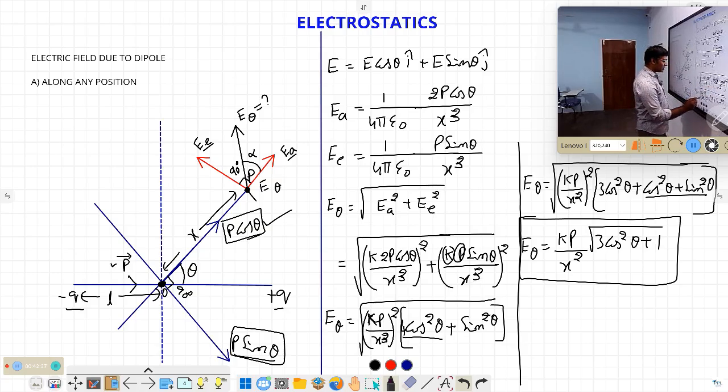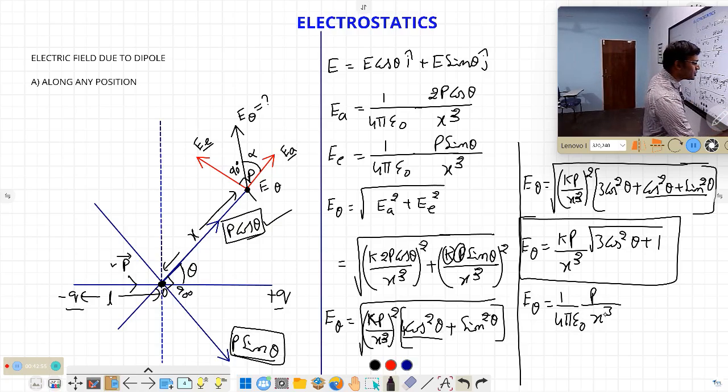So the answer also gives x cube. I can write E theta is equal to 1 by 4 pi epsilon naught, p by x cube into under root of 3 cos square theta plus 1.